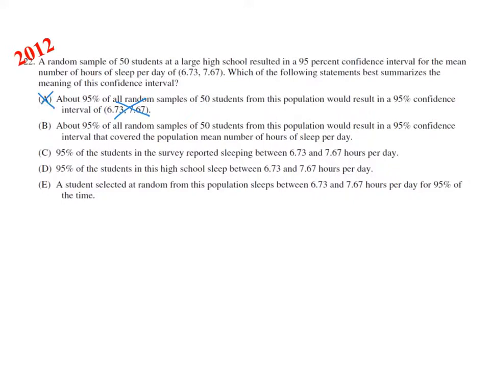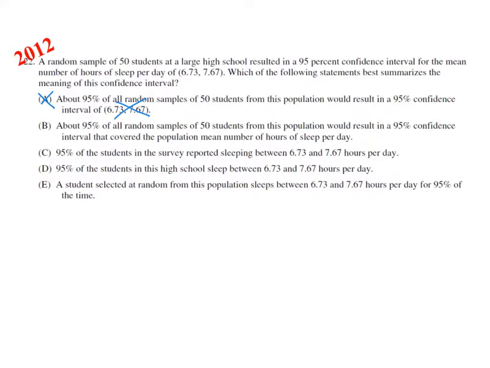And again, to be correct, it would say, 95% of all random samples of 50 students would make an interval that captures the mean. It's not that we'd have the same interval. It's just that our differing intervals would get the mean. Part B, 95% of all random samples of 50 students from this population would result in a 95% confidence interval that covered the population mean number of hours.